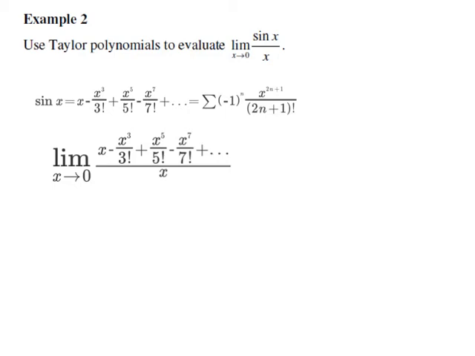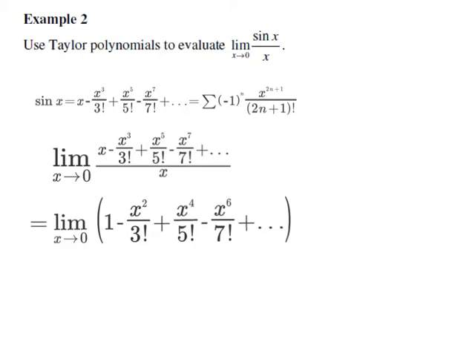I'm going to divide every term by x. So x divided by x gives me 1, and x cubed divided by x gives me an x squared, and x to the 5th divided by x gives me x to the 4th, and so on. So this limit would really look like this. Maybe pause and see if you can evaluate it for me, and then come back.